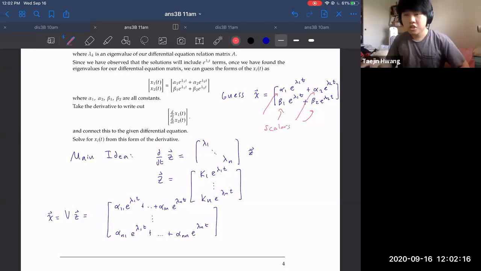You're essentially going to get a system of 4 equations and 4 unknowns, and you should be able to solve that on your own using the guess and check method.